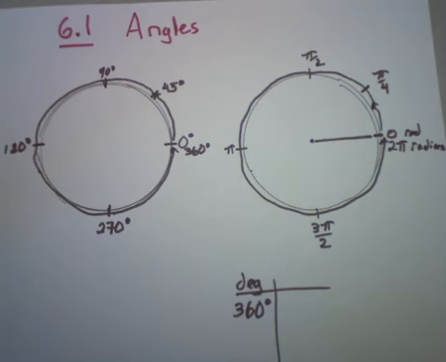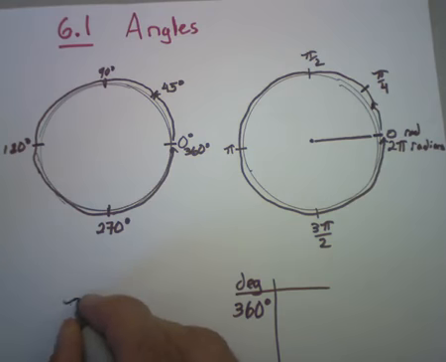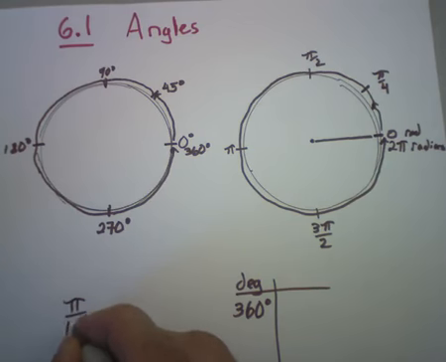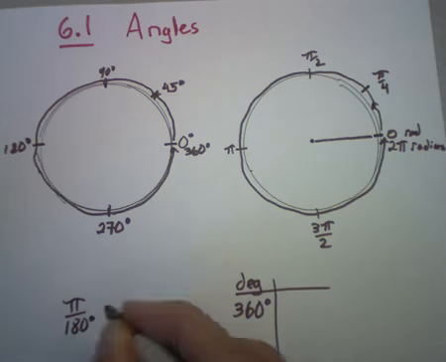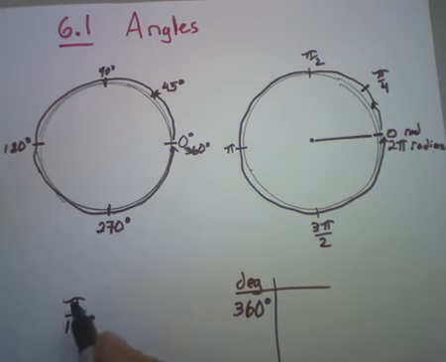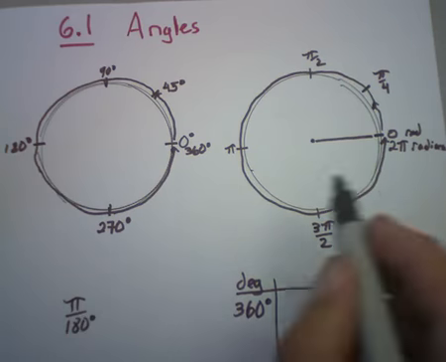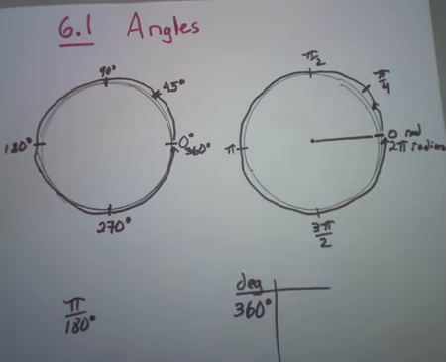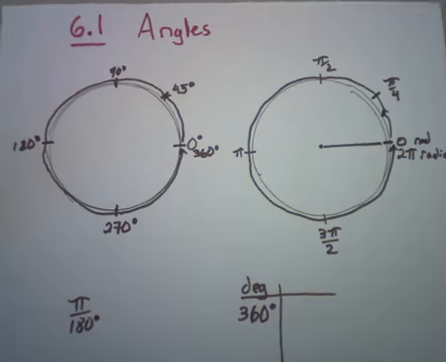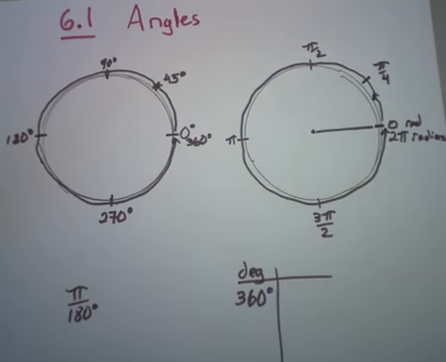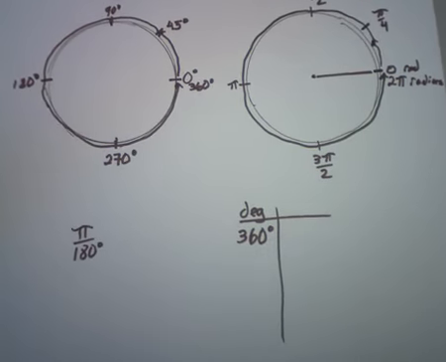But let's make use of the fact that pi divided by 180 is 1. That's pi radians and 180 degrees are the same thing, so dividing the same thing by itself is 1. So that means we can multiply by pi over 180 by anything, and it'll still be that same number. We won't have changed it.